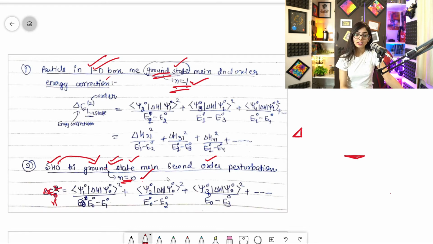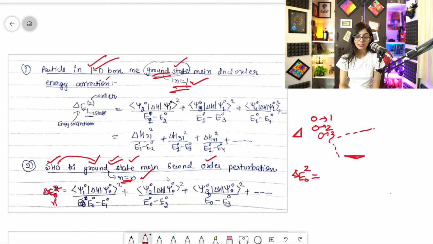Clear? So how will I write it? 0 is there, so I will take 0 with 1, 0 with 2, 0 with 3, and so on. I will keep taking things until whatever is given in the question. So it is E naught square; I write like this, E naught and this second order. You can write it like this only.